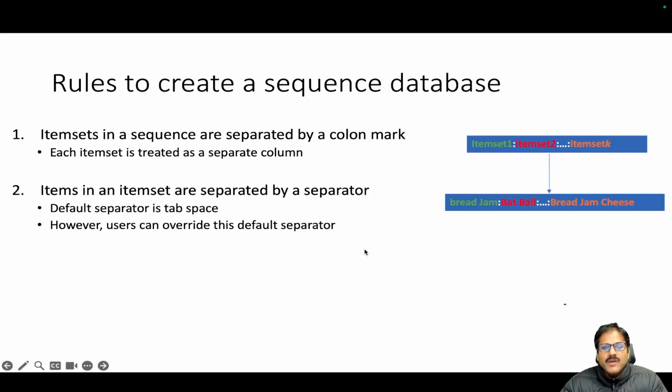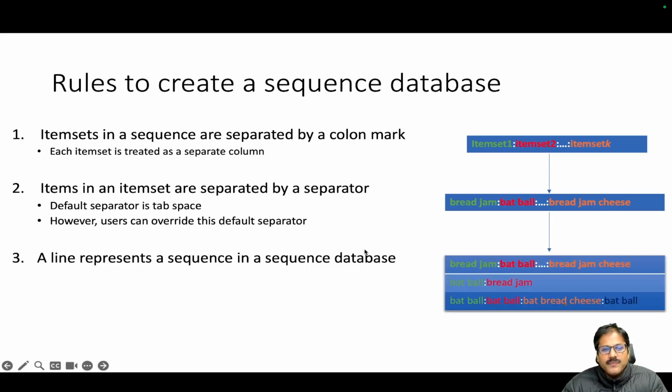Next, items in an item set are separated by a separator. In this case, the default separator we have used is tab space. However, users can override this default separator. The third rule is that every line represents a sequence in a sequence database. So this is an important rule.